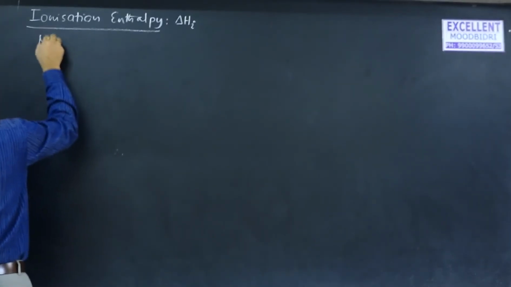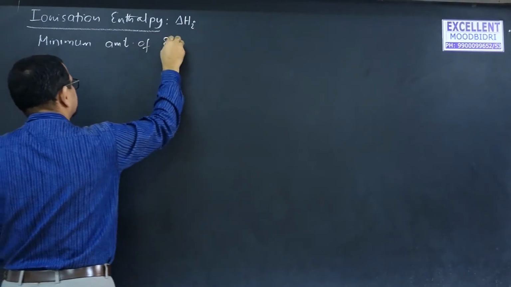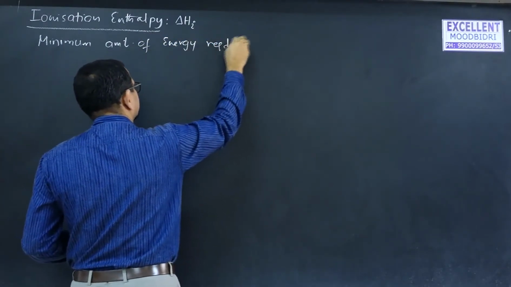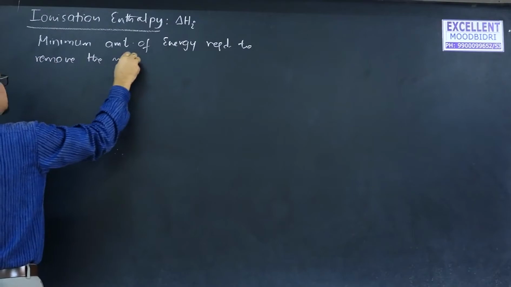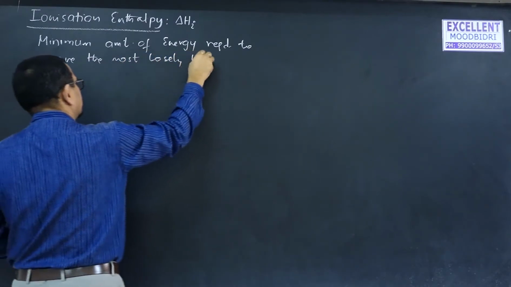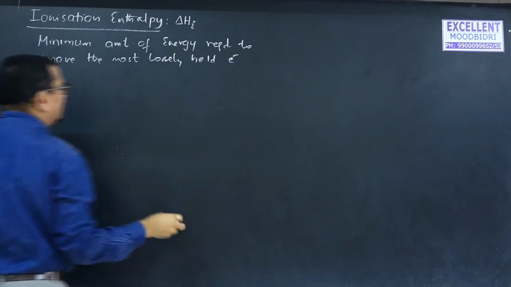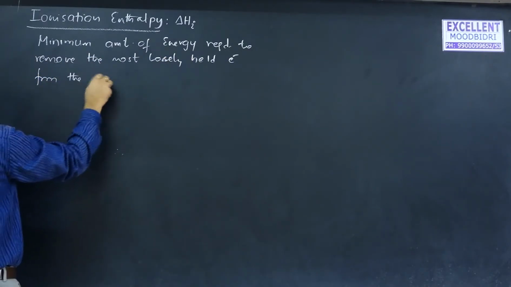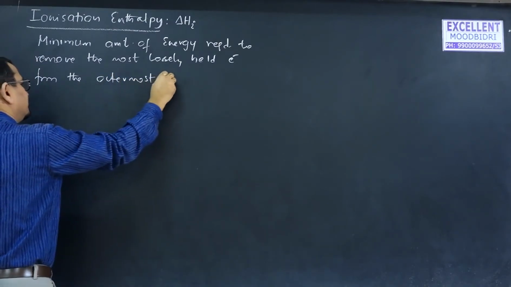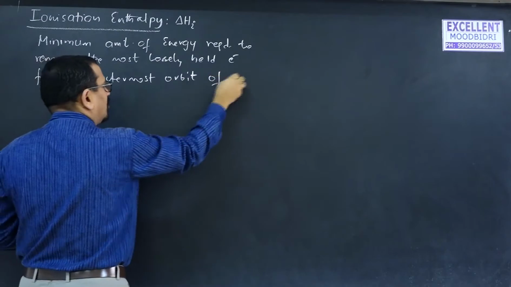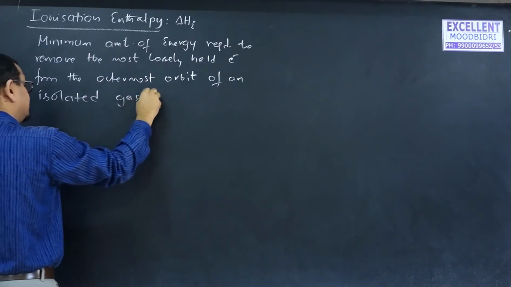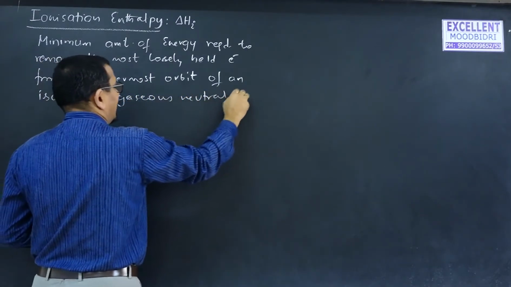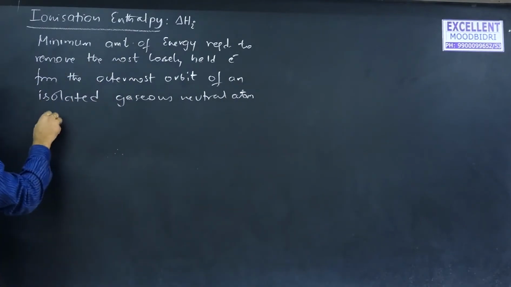It is nothing but the minimum amount of energy required to remove the most loosely held electron from the outermost orbit of an isolated gaseous neutral atom in its ground state.